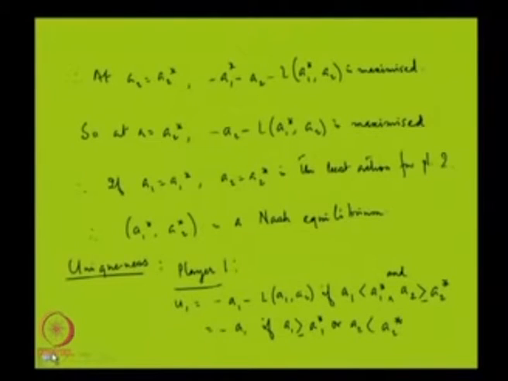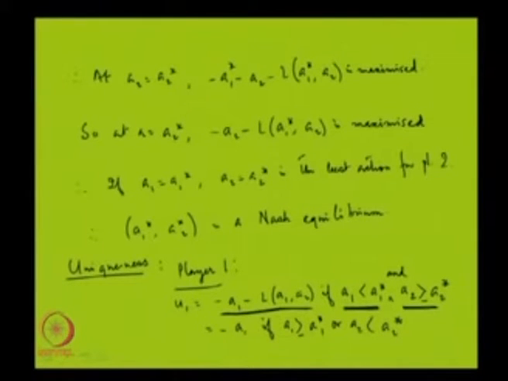So, suppose A2 is greater than A2 star, then what happens? If A2 is greater than A2 star, then I have this case. In that case, if player 1 is taking an action which is less than A1 star, okay, then his payoff function is this.